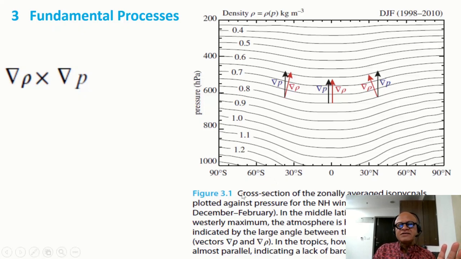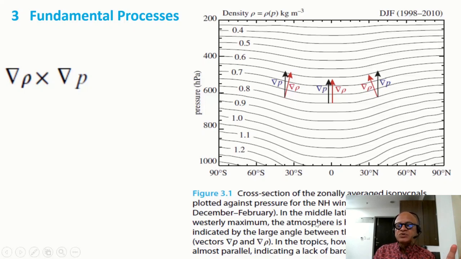So the idea is that this is the cross section of zonally averaged isopycnals, which are constant density surfaces, plotted against pressure for the northern hemisphere winter for 1998 to 2010. So December to February, DJF, is typically the boreal winter months.